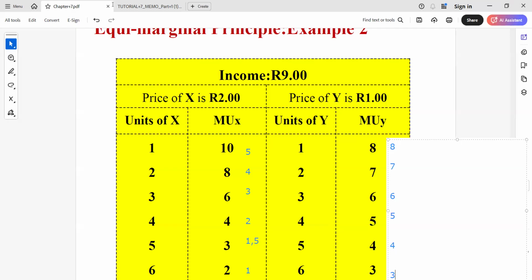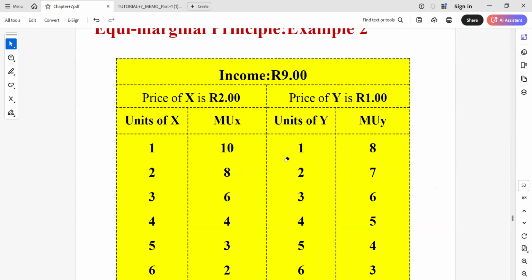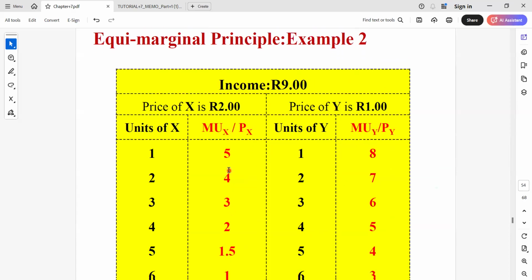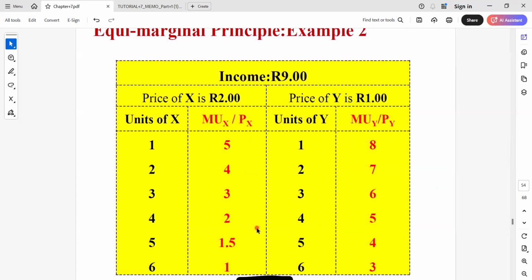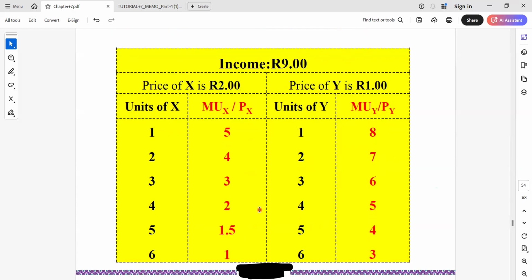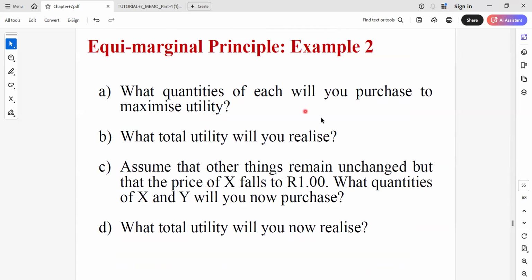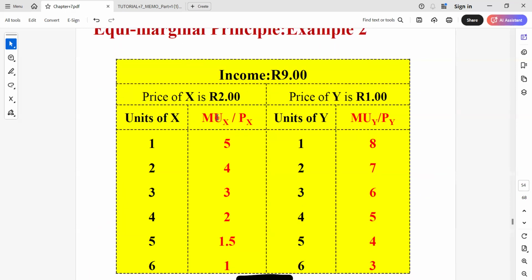Can you guys see? Okay, so let me just remove it now, because on the next slide they already calculated for us. I was just doing it so that you guys can see how it's done. They want us to find what quantities of each will you purchase to maximize your utility.